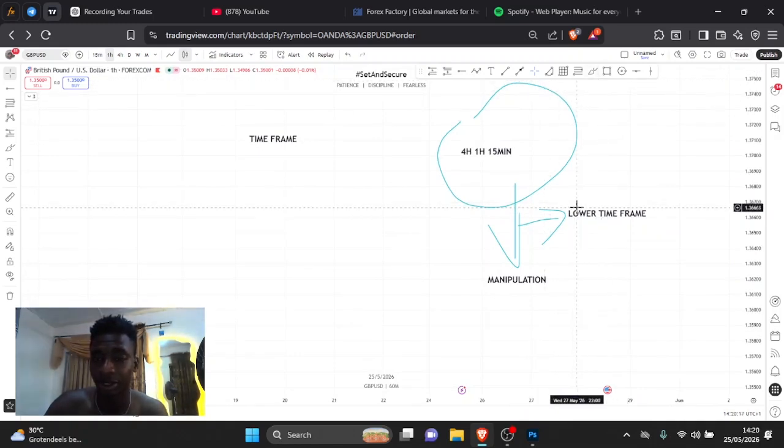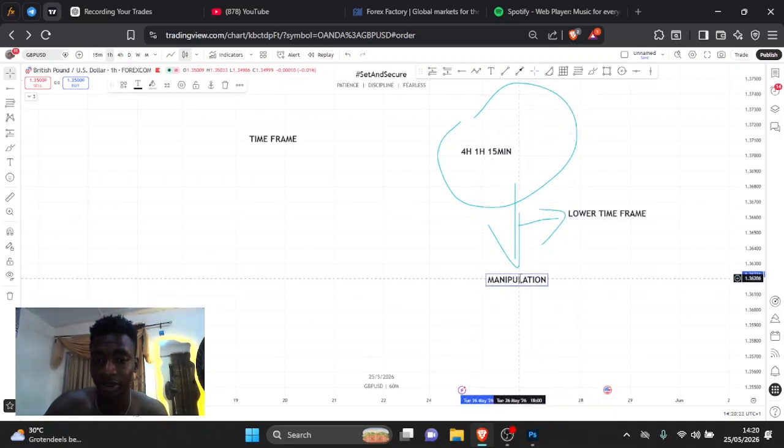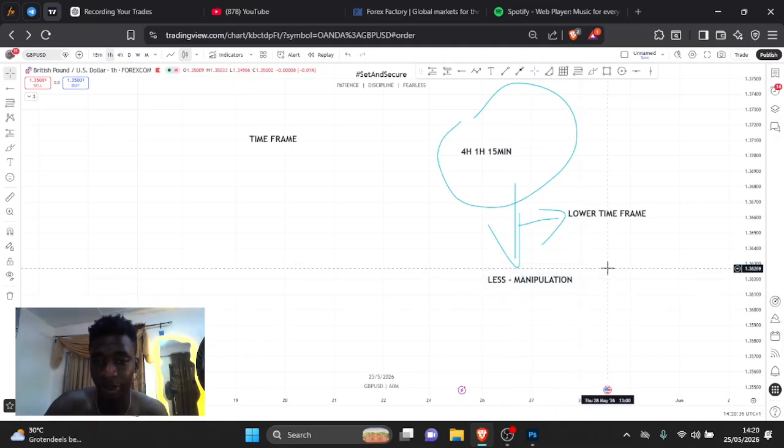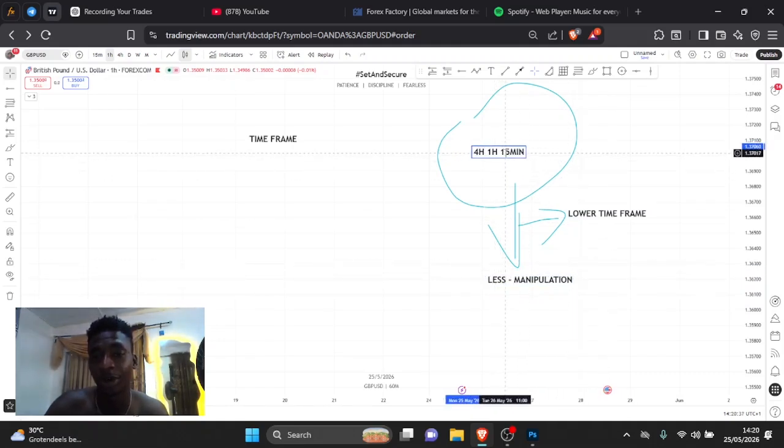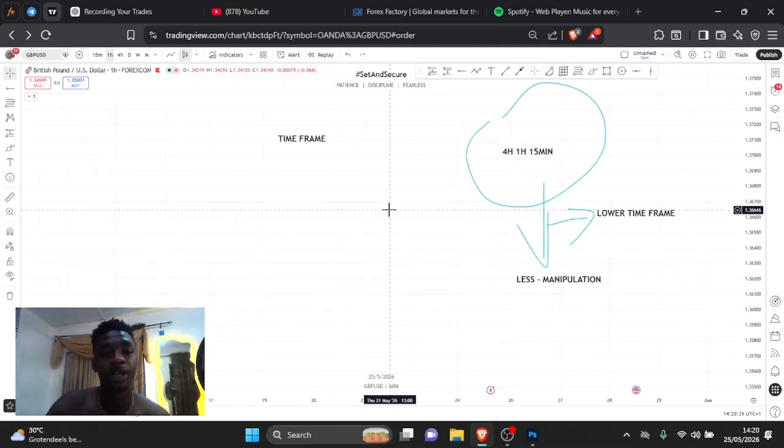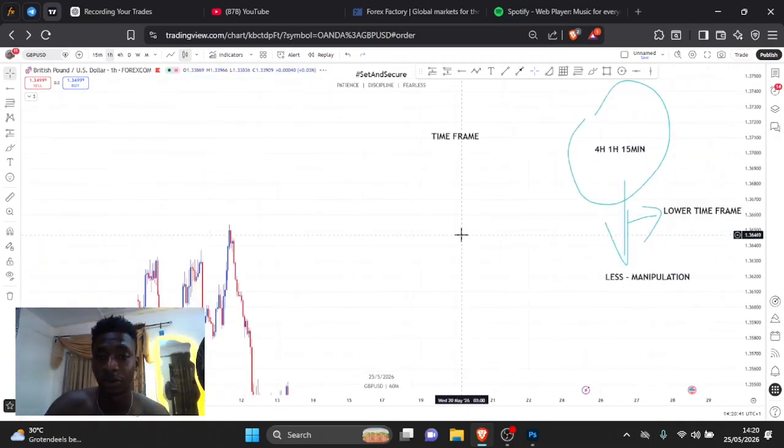You want to be trading where there's less manipulation. And for less manipulation, we're going to be sticking with the 4 hour, 1 hour, and the 15-minute time frame. Now, the 1 hour time frame is what I use to look out for structure.